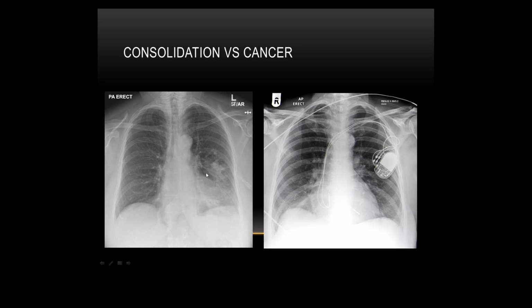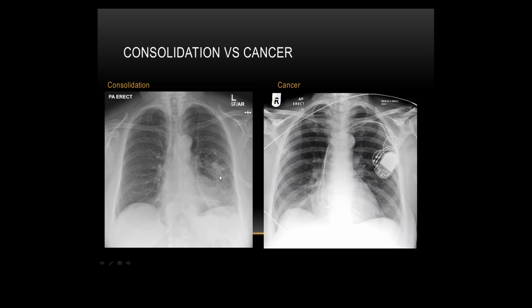And on this side, you've got this peripheral lesion, a bit more well defined, in the right midzone. Which do you think is cancer and which do you think is consolidation? That's your consolidation, and that's cancer.